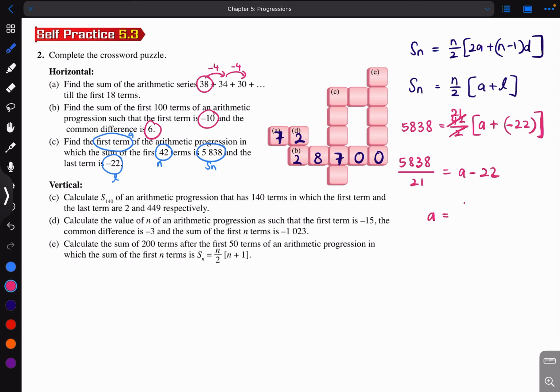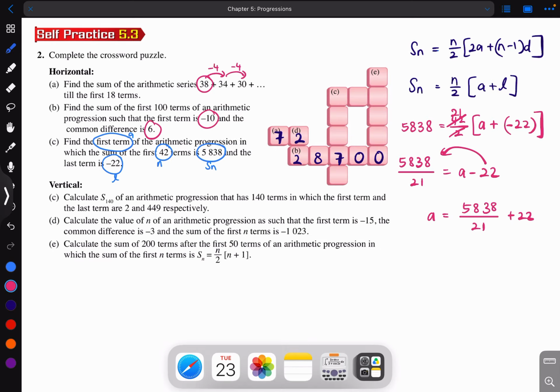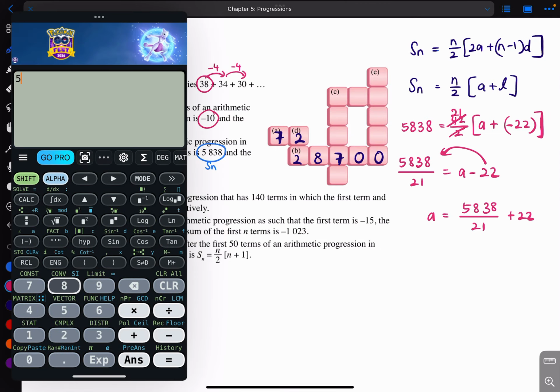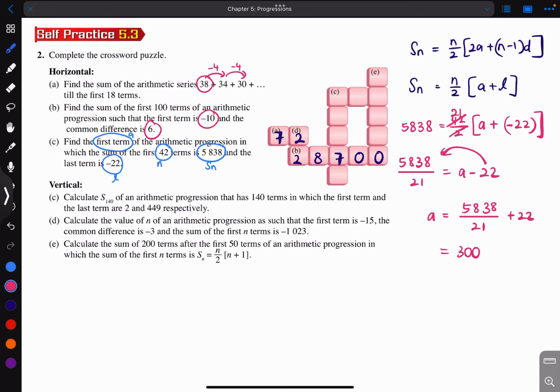So a is just 5838 over 21 plus 22. So the first term is 300. Horizontal C is here, 300. Okay.